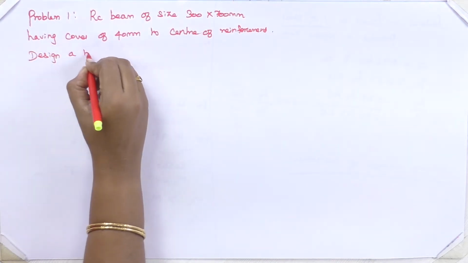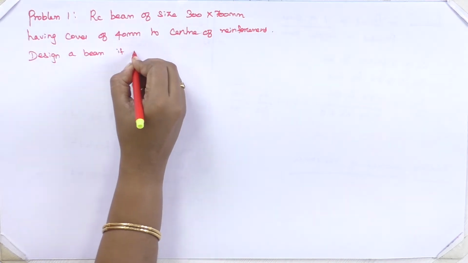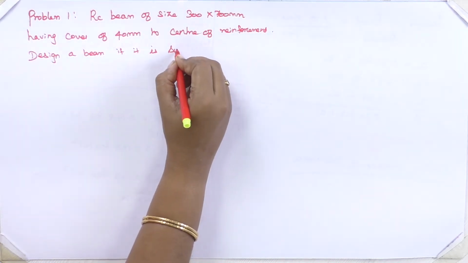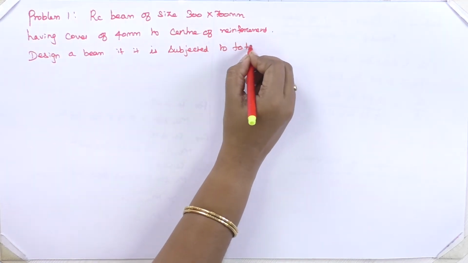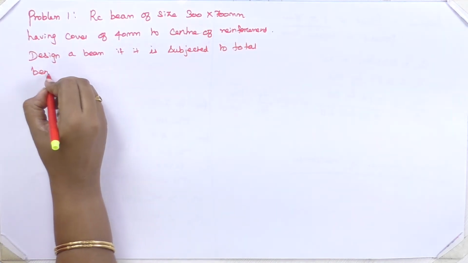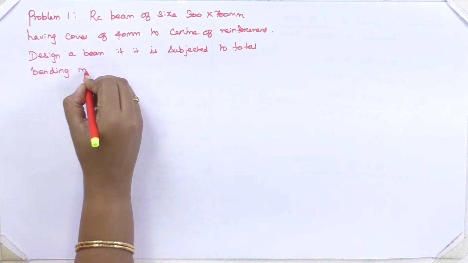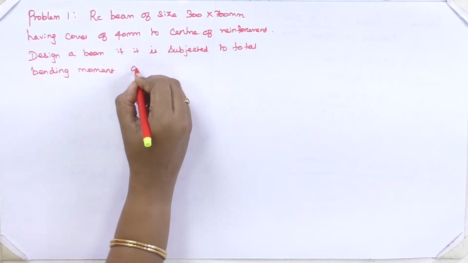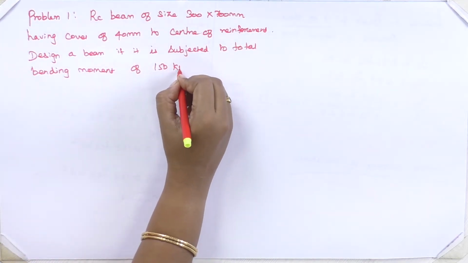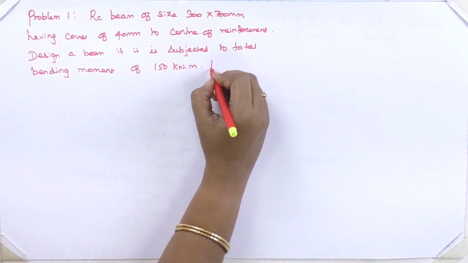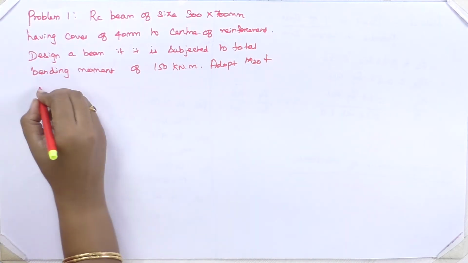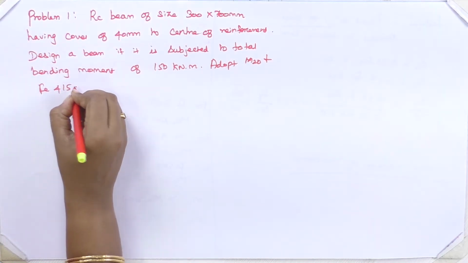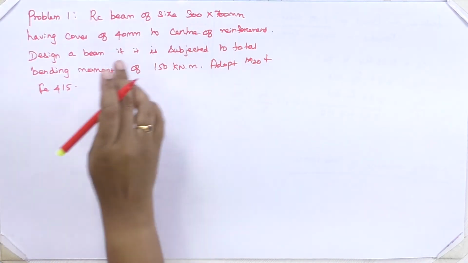Design the beam if it is subjected to a total bending moment of 150 kilonewton meter. Adopt M20 and Fe415. Okay, this was the problem given.